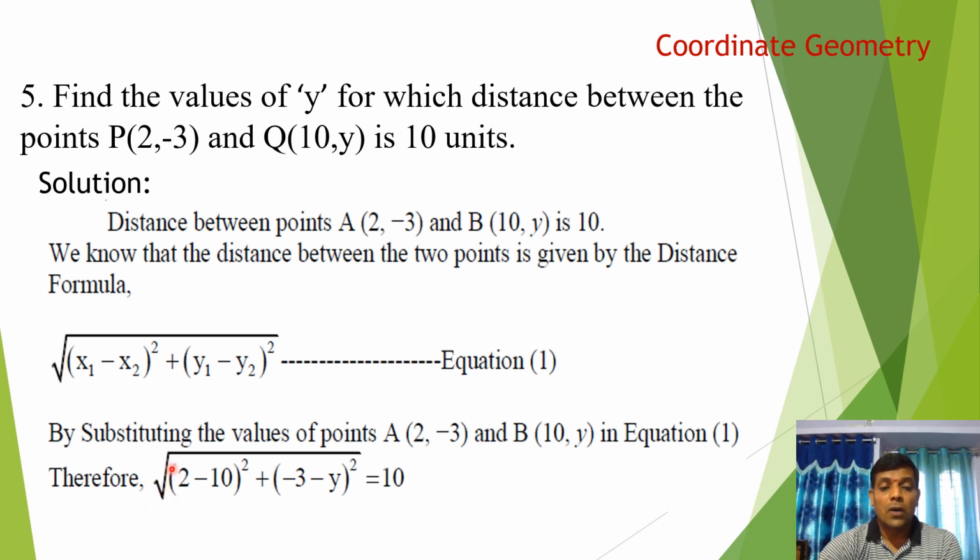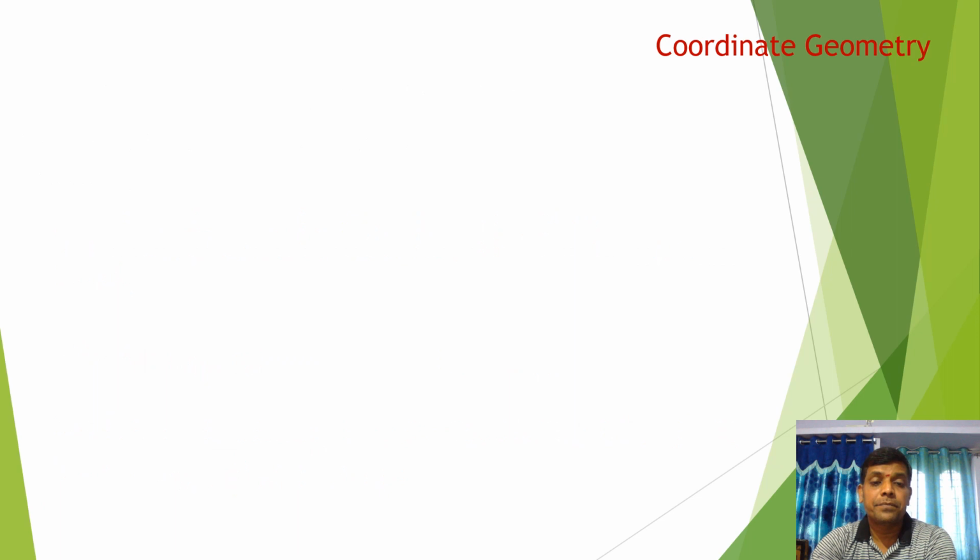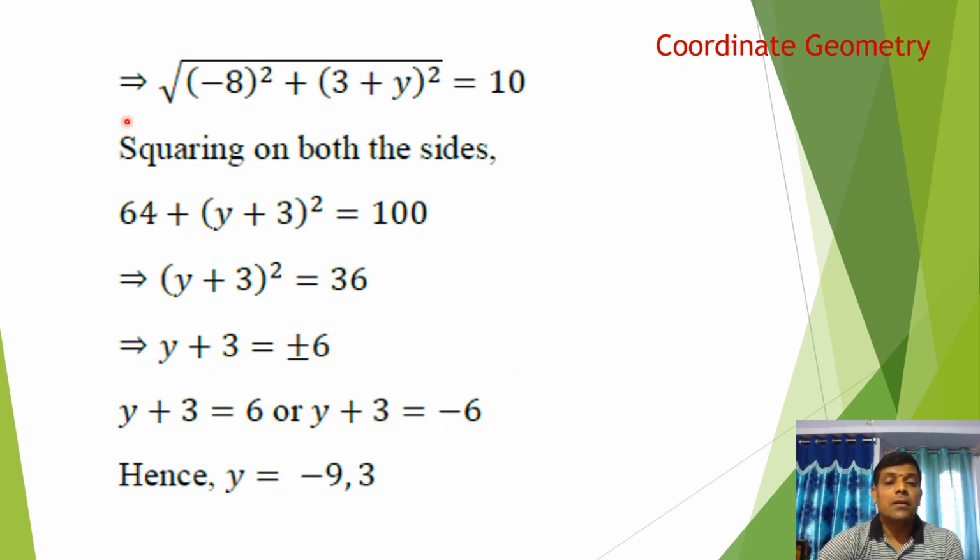Now root over 2 minus 10 whole square plus minus 3 minus y whole square is equal to 10 units. This is the given condition. Coming to the next step: root over 2 minus 10, we get minus 8 whole square, plus minus 3 minus y. This is written as 3 plus y, because multiplied by the minus symbol.